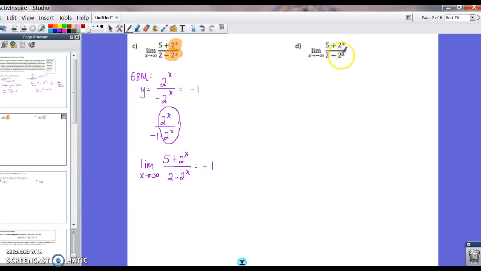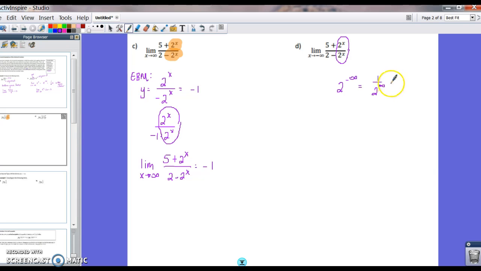So if we were to look at this, again, we can look at what's happening here with these values. So think about what's happening. I'm putting in negative infinity. Okay, if I have 2 to the negative infinity, that's the same as 1 over 2 to the positive infinity. So I have a constant over something that is going to infinity.